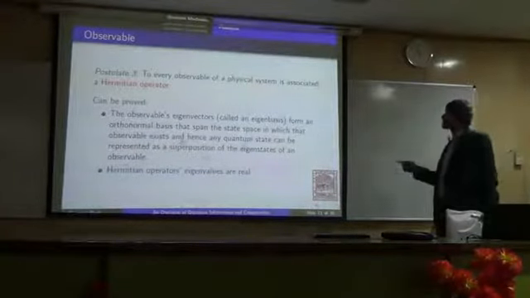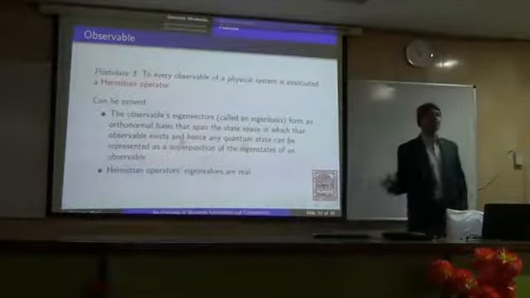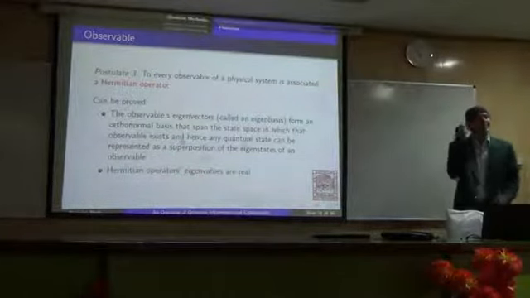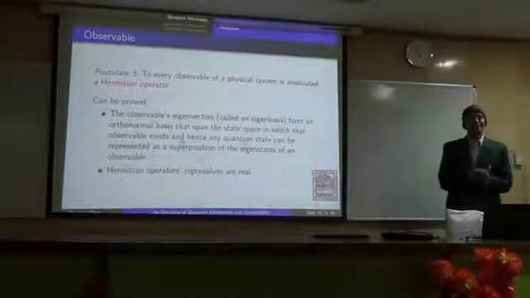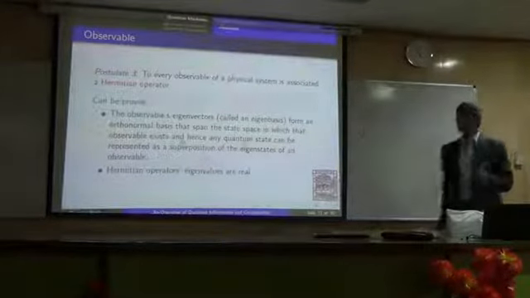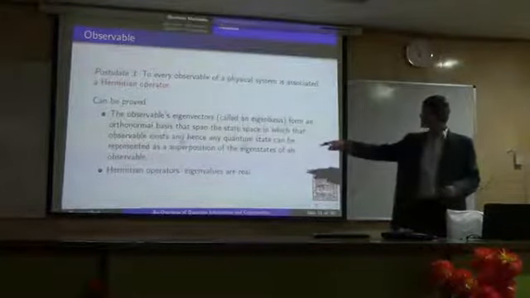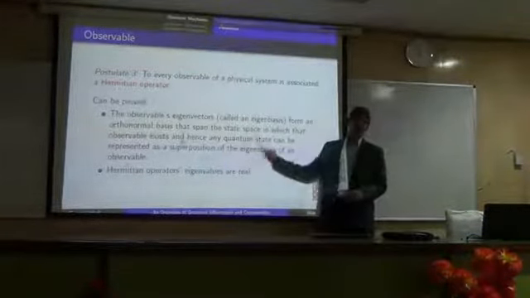That means any state in this space can be represented as a linear combination of the eigenstates. And another thing is the Hermitian operator's eigenvalues are real. These two can be proved by mathematical theory.